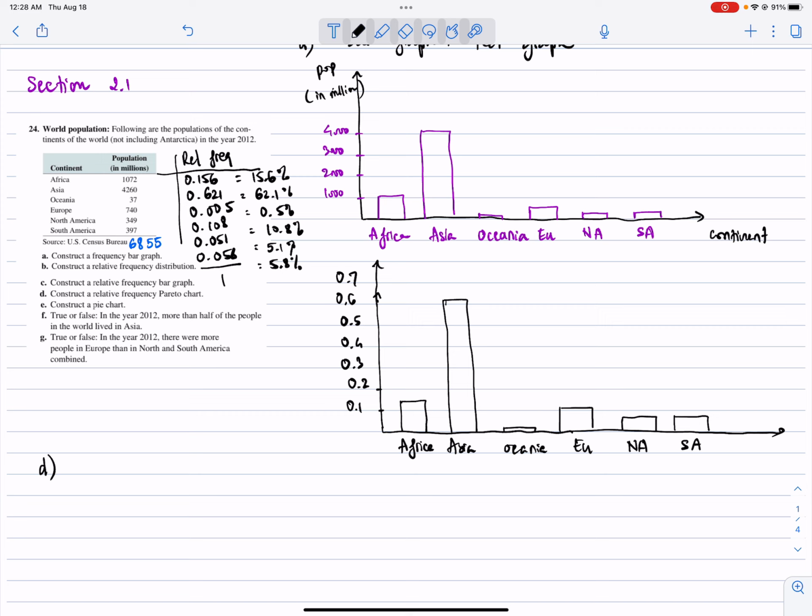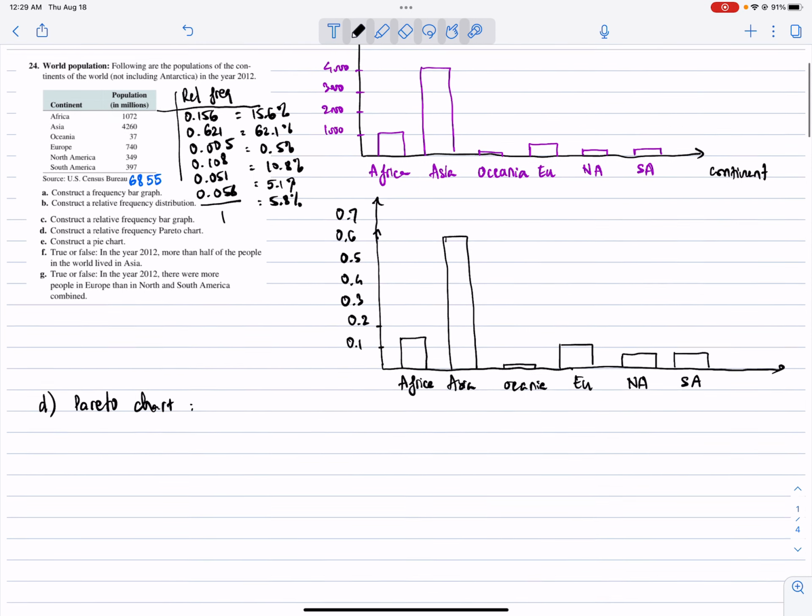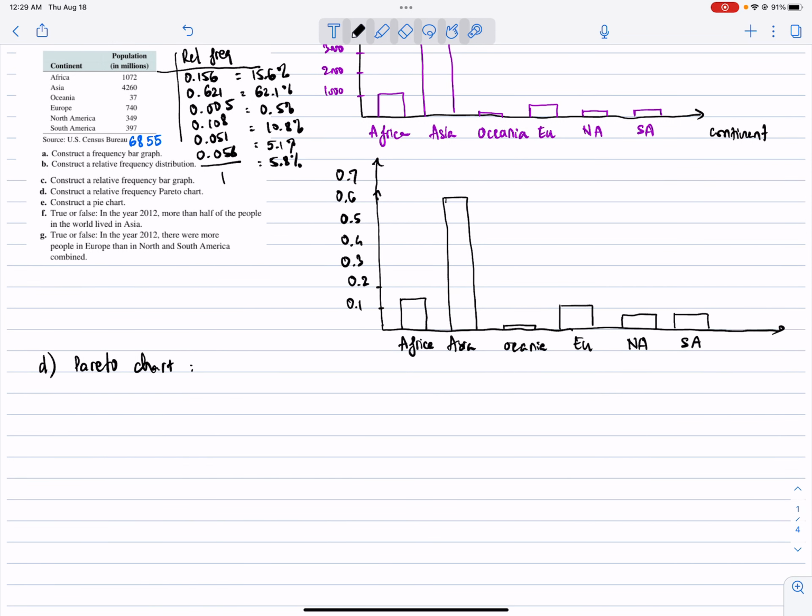A Pareto chart is a bar graph, but it is in order. It has to go from the highest, the tallest, to the shortest. So we just use either of them and arrange.